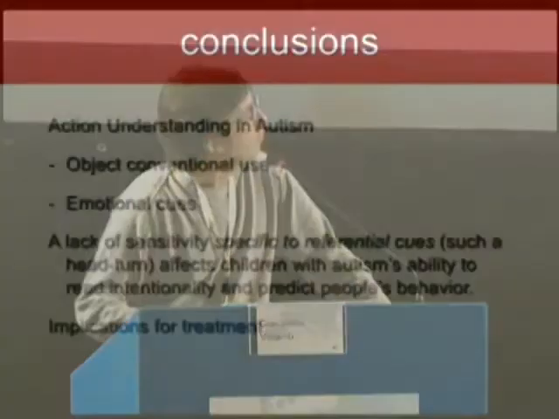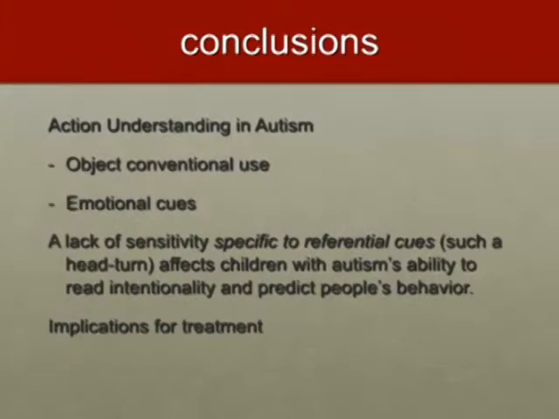So, my preliminary conclusions on these experiments: children with autism demonstrated the ability to predict and to understand actions based on object use and on things like color pattern or what the object suggests you to do, but also, what we noticed is that emotional cues, the display of emotion, had a great power in attracting the attention to the face in these children with autism.